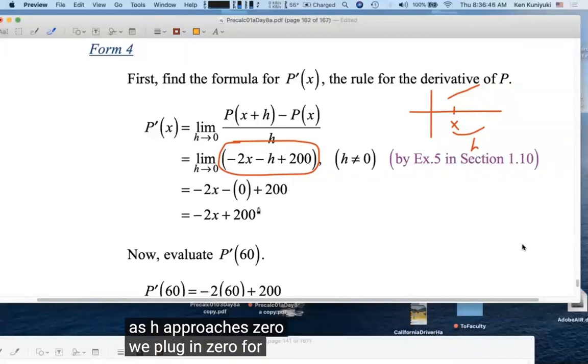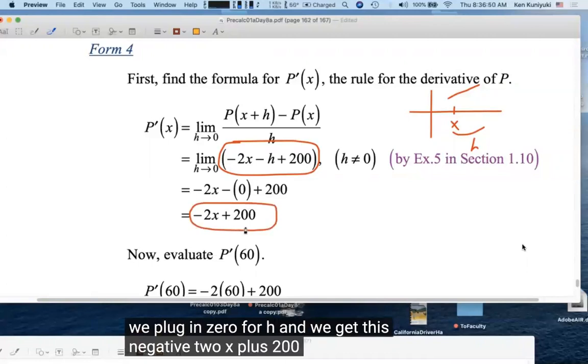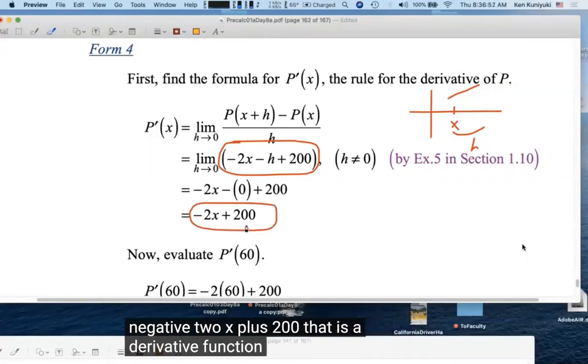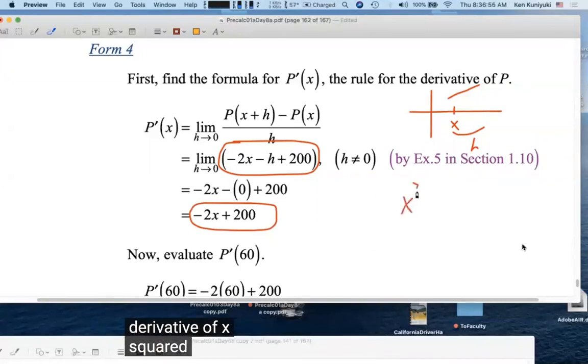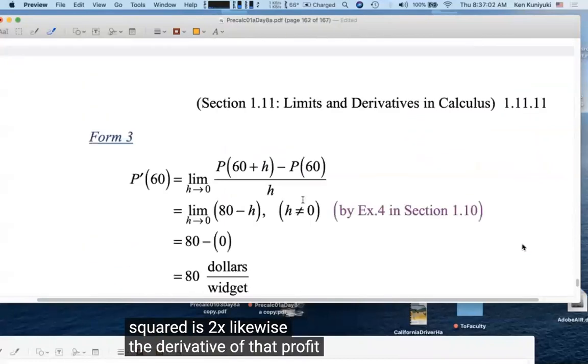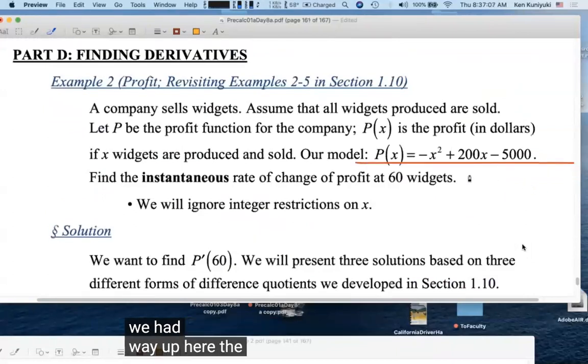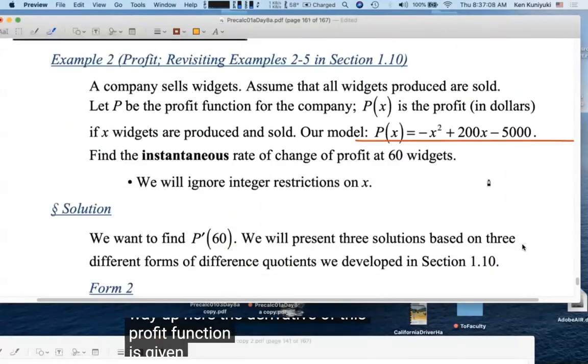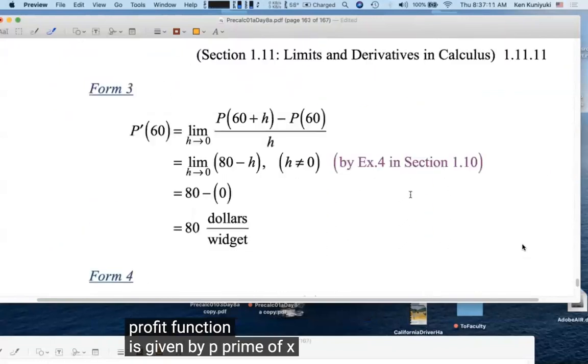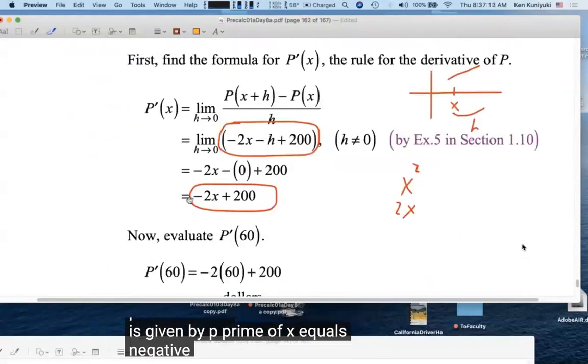We plug in 0 for h and we get this. Negative 2x plus 200. That is a derivative function rule. Just as the derivative of x squared is 2x. Likewise, the derivative of that profit function we had, way up here, the derivative of this profit function is given by p prime of x equals negative 2x plus 200.